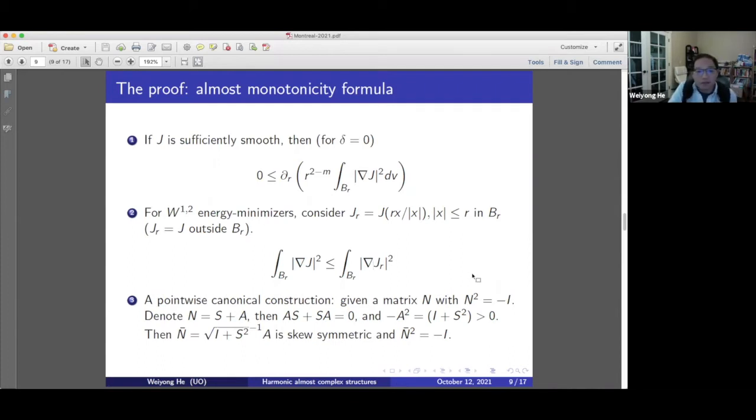And an interesting phenomenon is in S6, both the standard complex structure in R6 and the nearly Kähler structure are both energy minimizers, absolute energy minimizers. So that's kind of mysterious for me, and I do not fully understand this phenomenon.